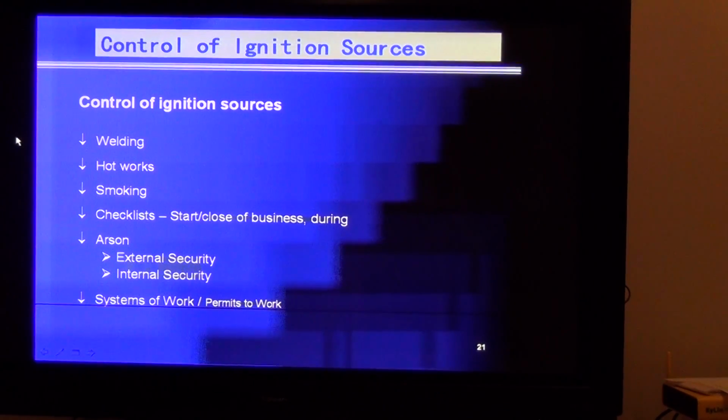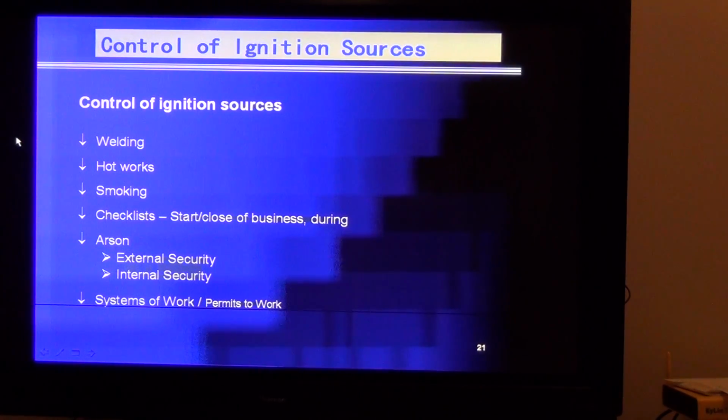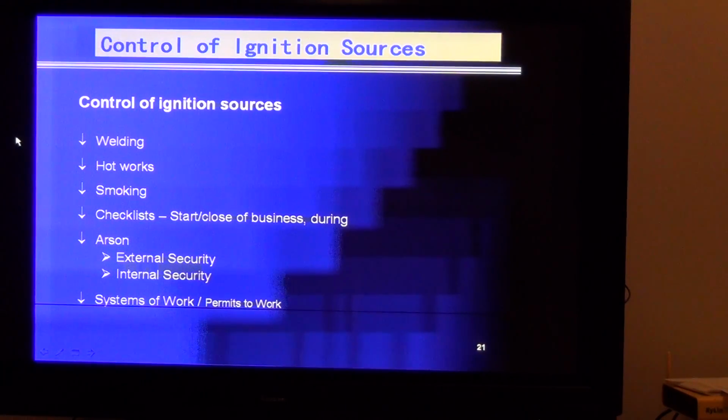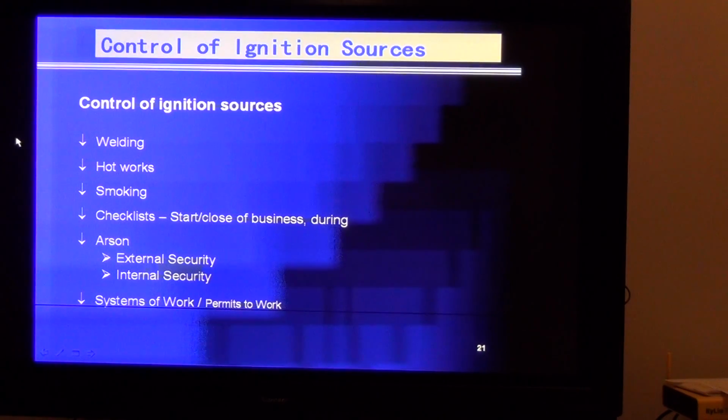Okay, James, thank you. So now we will talk about the control of the ignition source. Generally, everybody knows this is the most important ignition source. Only if we know which is the source, then we will know how to control it.